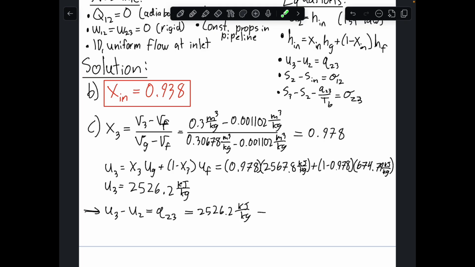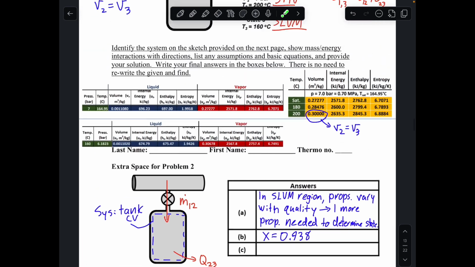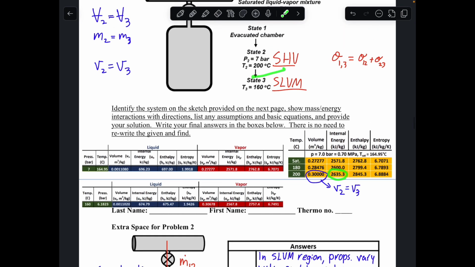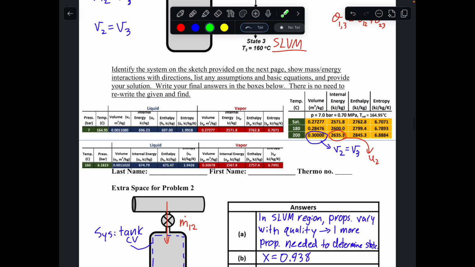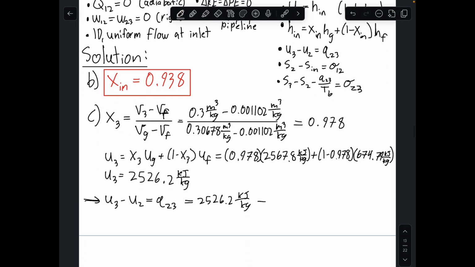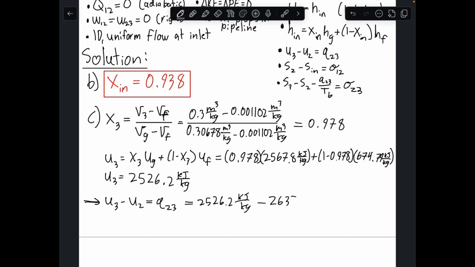minus our U2 value. This one we can get just from the steam tables. It will be right here because, again, remember, we're in the superheated vapor range for state 2 at this pressure and temperature. So our U2 value is going to be right here, this 2635.3 kilojoules per kilogram.